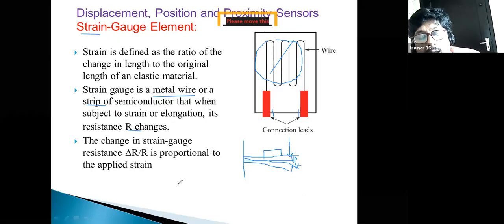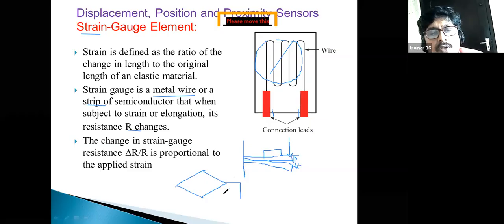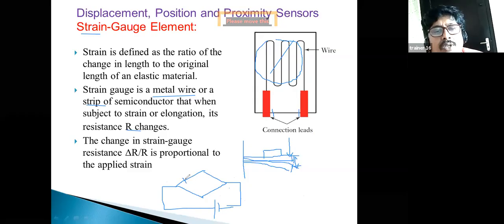I think all of you know the Wheatstone bridge. This is the Wheatstone bridge, and there are four resistors: R1, R2, R3, R4. Like this, we connect the strain gauge to one of the resistors of the Wheatstone bridge.